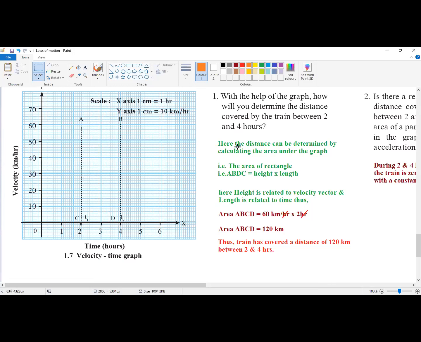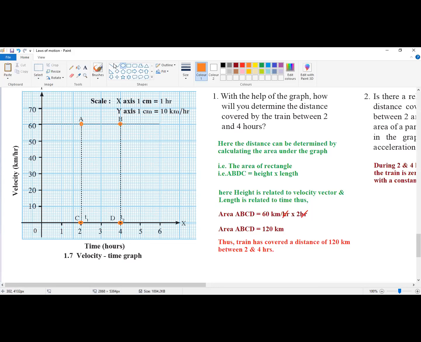As we have written earlier, the distance can be determined by calculating the area under the graph. So how to decide the area? We have drawn some dotted lines to connect the 2 points on that line. You have this one point and another point over here. These are the time intervals for which you are asked to find the distance covered by the train.